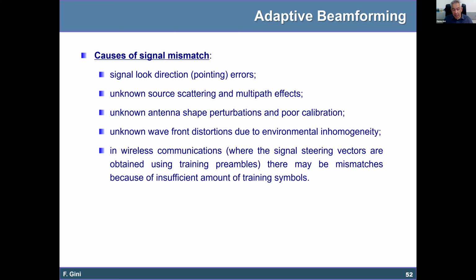There can be some distortion of the wavefront during the propagation because the medium is not perfectly non-dispersive. Sometimes the medium is inhomogeneous, and this creates wavefront distortion. So the wavefront is no longer perfectly planar, and so on. There can be other reasons.